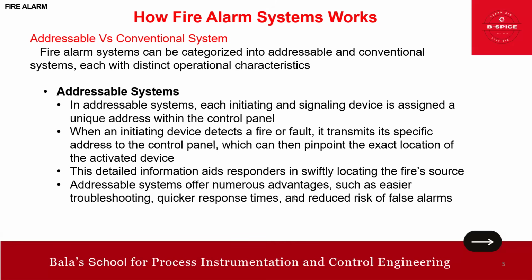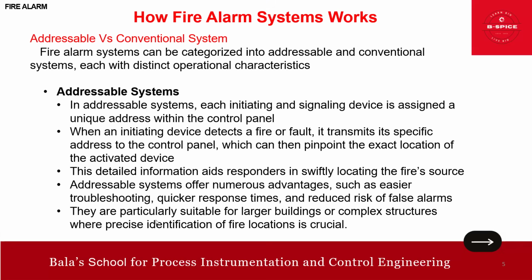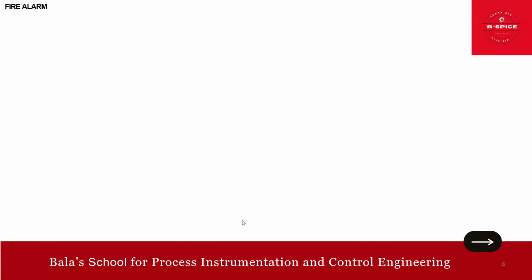Addressable systems offer numerous advantages: easier troubleshooting, quicker response time, reduced risk of false alarms. All these are happening using addressable. Addressable systems are particularly suitable for larger buildings or complex structures where precise identification of fire location is crucial. So this is about the addressable.